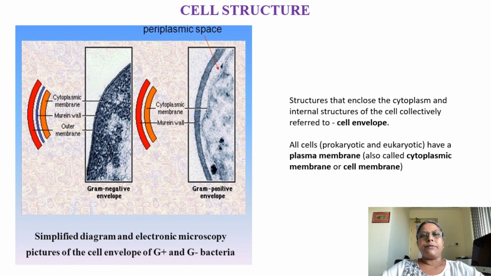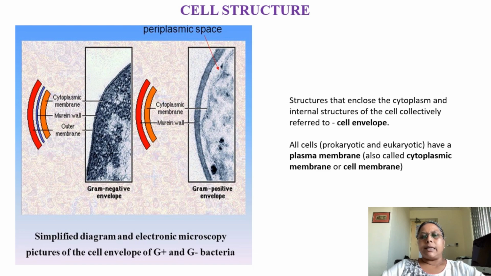In gram-negative, external to the periplasm is another electron-dense layer, which is the outer membrane. Thus, the gram-negative bacteria has 3 layers as compared to the gram-positive bacteria, which has 2 layers.